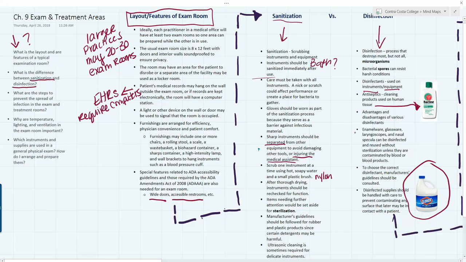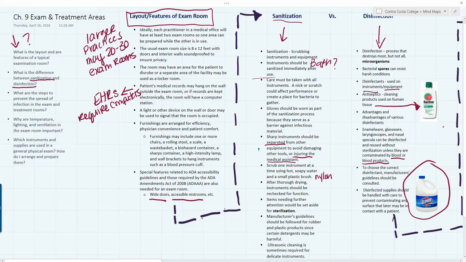So enamelware, glassware, laryngoscopes, and nasal specula can all be disinfected and reused without being sterilized unless they are contaminated by blood or blood products. So most of the time, anything that's going to live in spit or sweat or nasal secretions can all be killed off with just basic disinfection.